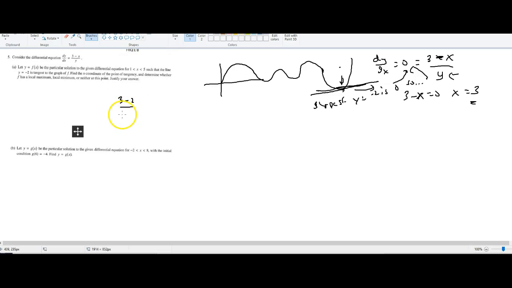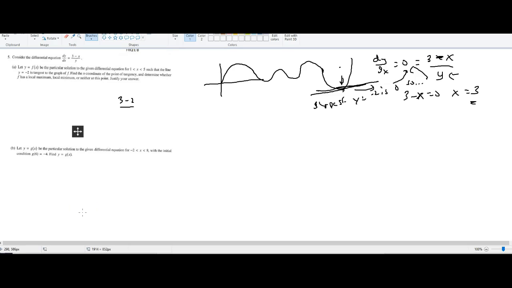Now the interesting question: what is y? Is y positive or negative? Because that matters. Let me think. How would I go about that? It says local maximum, local minimum, or neither.